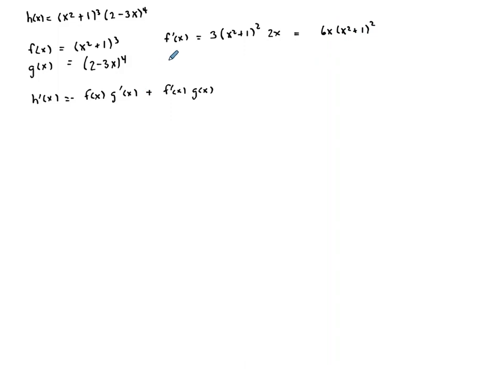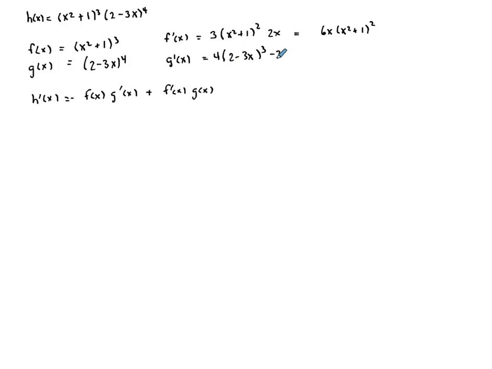And we're going to do the same thing with the g of x. So we go g prime of x equals 4 times 2 minus 3x, take away 1 from the exponent, times the derivative of what's inside. This is 0. The derivative of negative 3x is just negative 3.